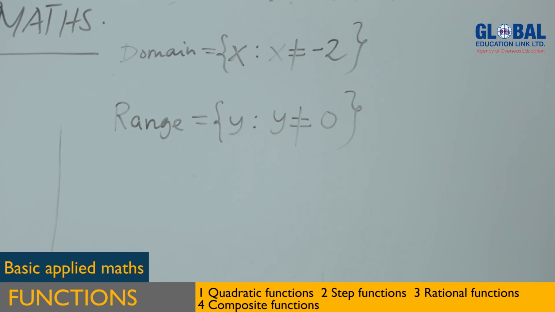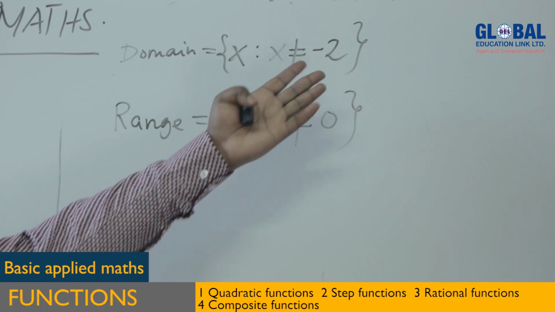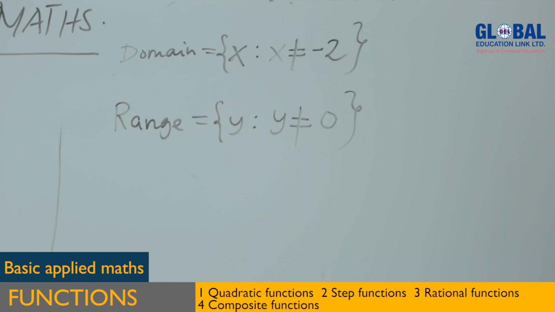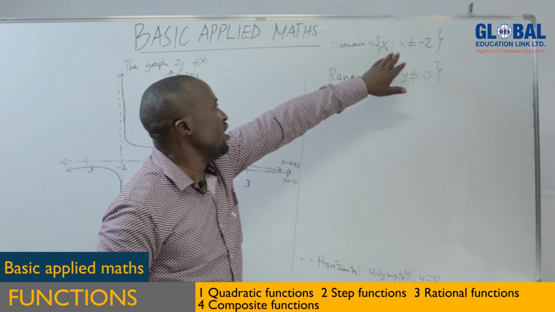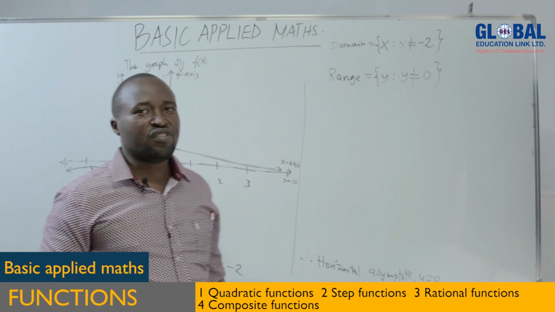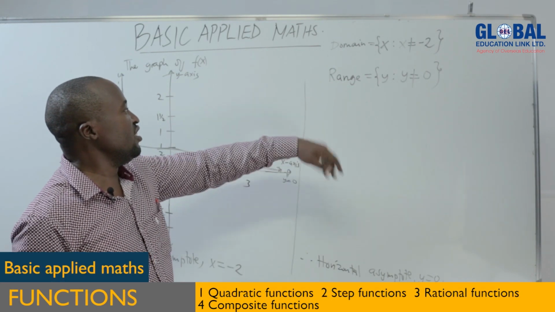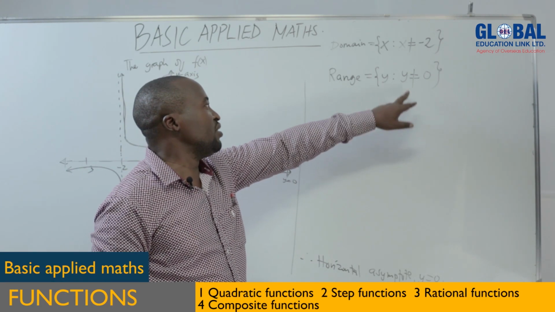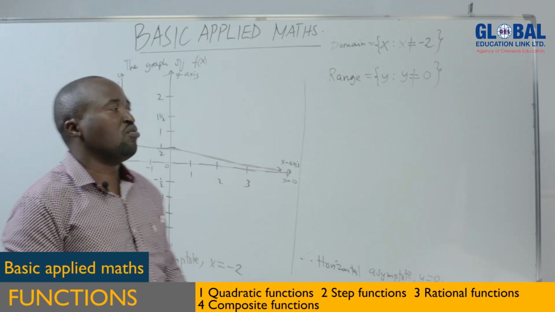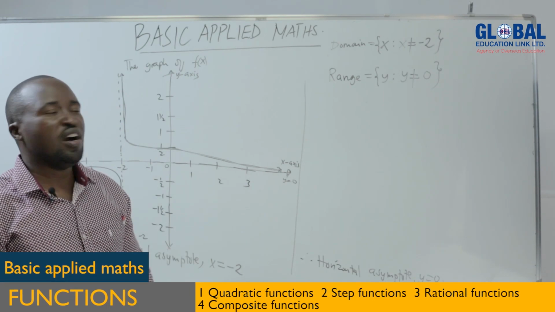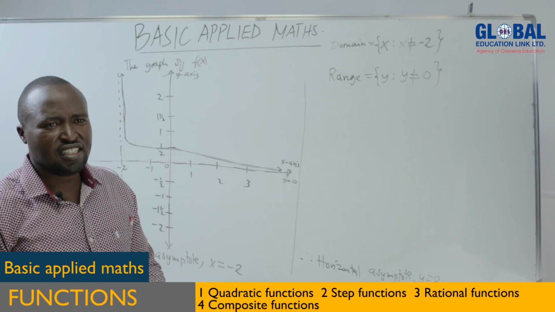A dotted line means this value does not exist. 0 is not included in the range. So the domain will be all real numbers except -2, and for the range, all values except y is equal to 0. So that is how to find the domain and the range.